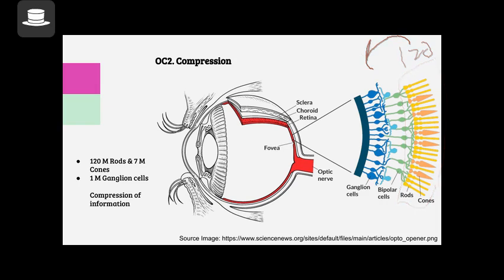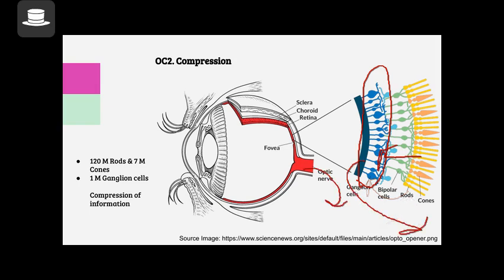It's called compression. Information captured by your photoreceptors is compressed so that it can fit the fewer ganglionic cells that capture the information from the rods and cones, and that is sent again to the brain through the optic nerve. And this process is called compression.